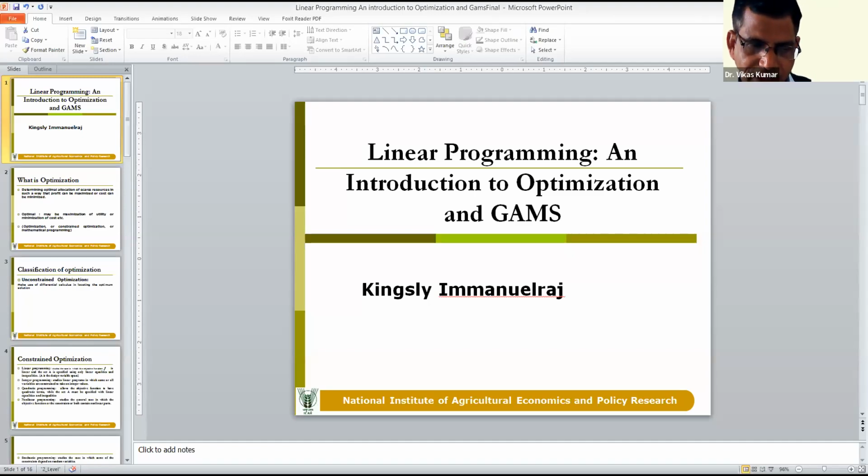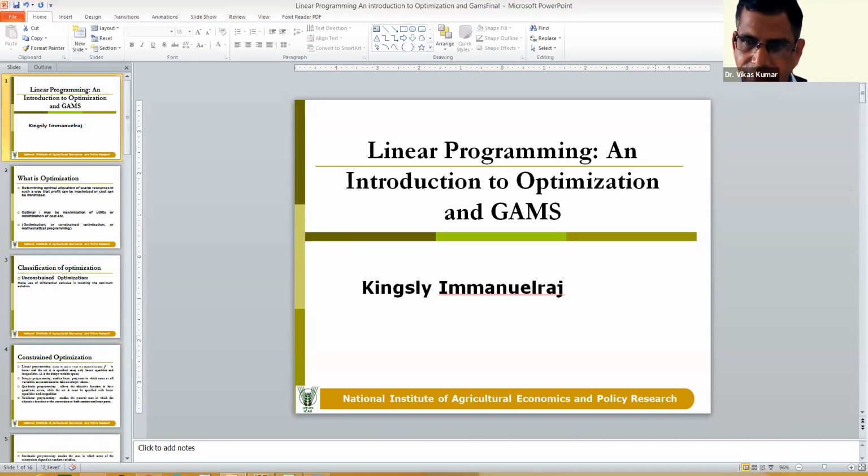We will have a very interesting topic in this session, that is linear programming, introduction to optimization and games. This topic will be delivered by expert Dr. Kingsley Emmanuel P. He is a senior scientist here in ICR NIAP. His subject area is agricultural economics.